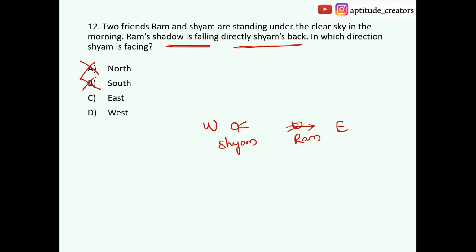This is the only possibility. If I am facing towards the east direction, then my shadow will fall on my back. If I am facing the west direction, then my shadow will fall on my front. Now, what is the question asking? In which direction is Sham facing? West direction. The answer is option D, west direction.